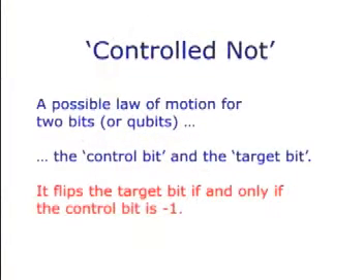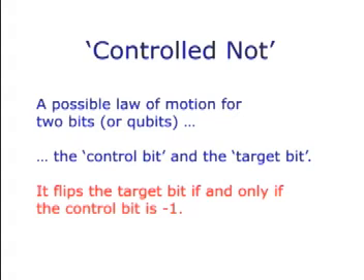The ordinary NOT operation is the single bit or single qubit operation that figured in the interference experiment I discussed last time. It flips +1 to -1 and vice versa. Controlled NOT means flip the value of the target bit only if the first bit is -1. The first bit is now called the control bit.